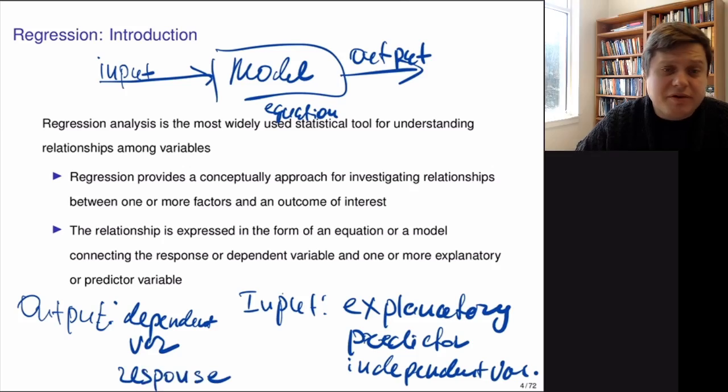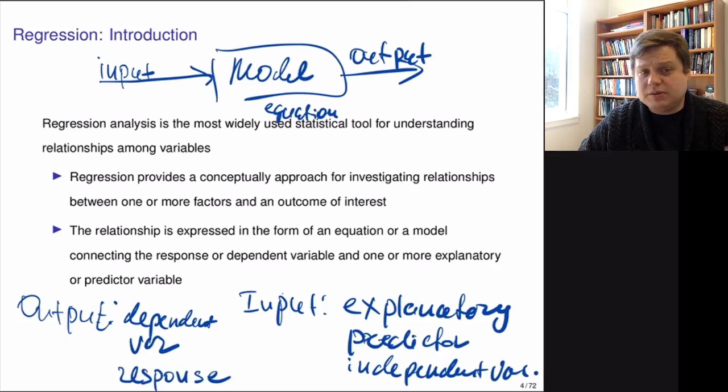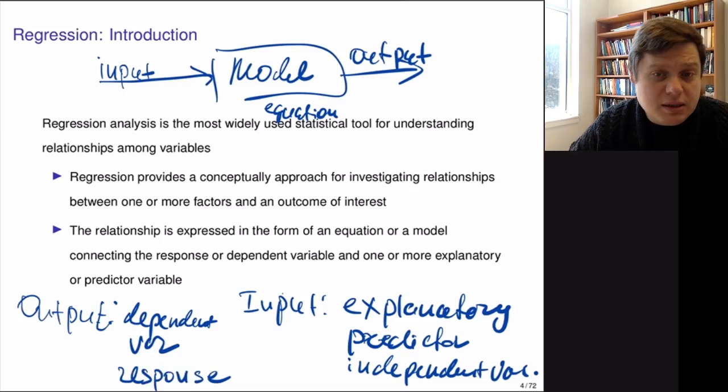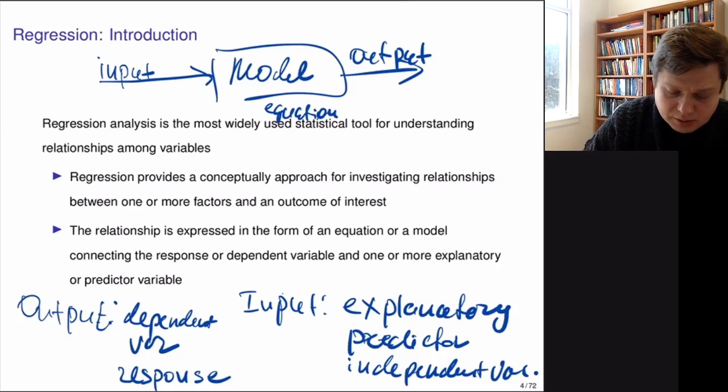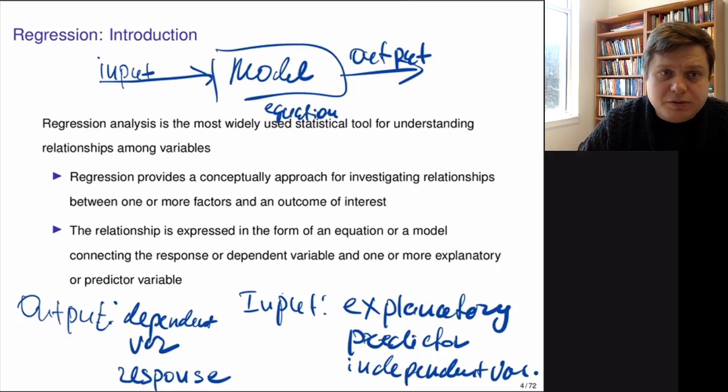So those are equivalent. So we can say output, dependent variable, response is the same thing, or we can say input, explanatory variable, predictor, or independent variable. It means the same thing. And model is just an equation that links the inputs and outputs together.